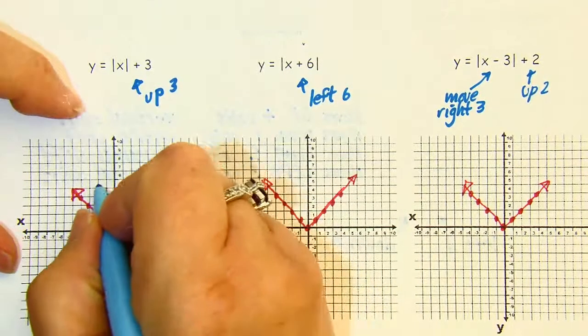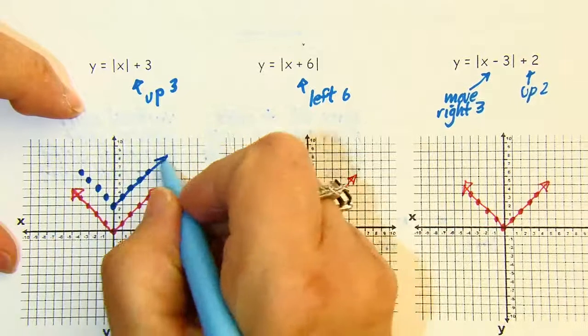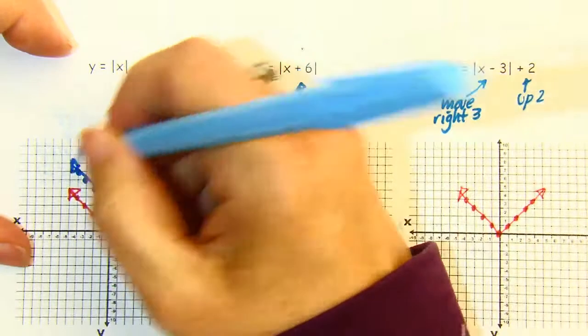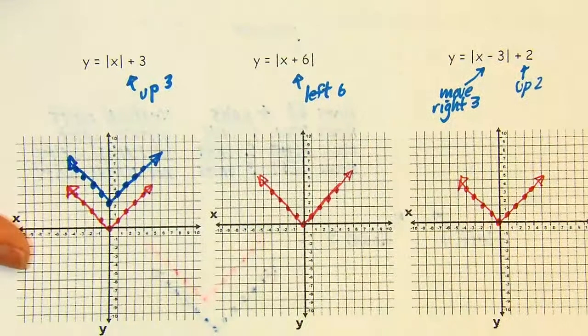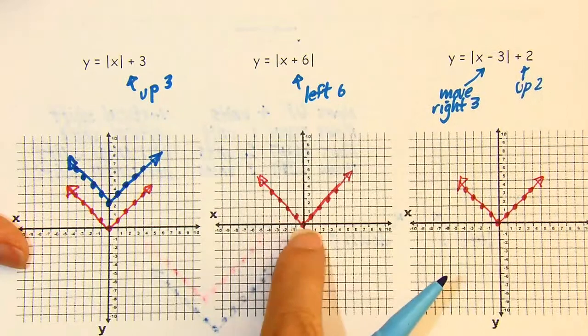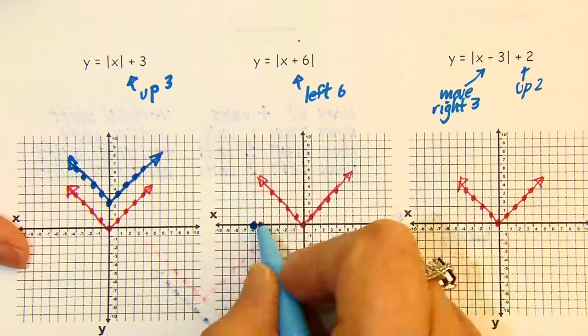So if you get used to graphing the parent function, it's going to be really easy for you to follow along and know what the other points are on the graph of the transformed function. This one here says move it to the left 6. I'm starting here at 0, 0, so I have to go over here 6 units to the left.